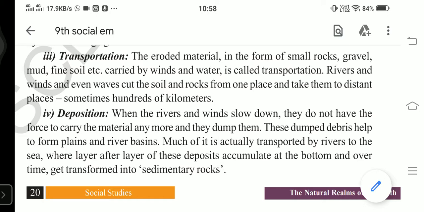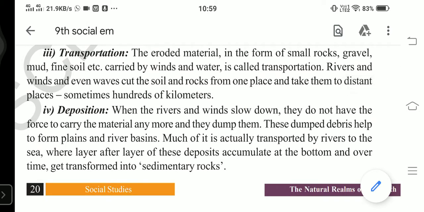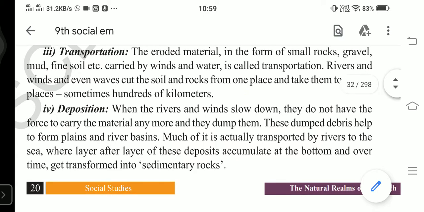When it comes to plains or flat places, the water speed reduces, and similarly the wind velocity also reduces somewhere. Where the wind velocity and water speed reduce, these two cannot carry the particles which they brought from another place, so slowly they go on depositing. This deposition helps in forming the river basins.